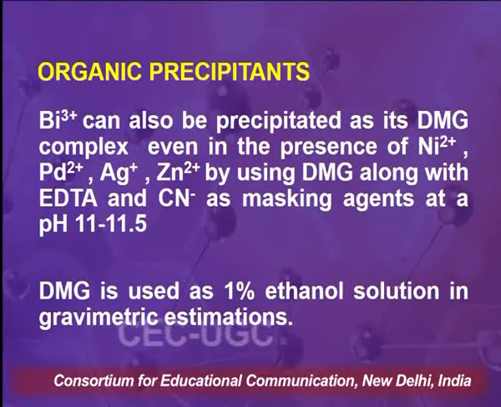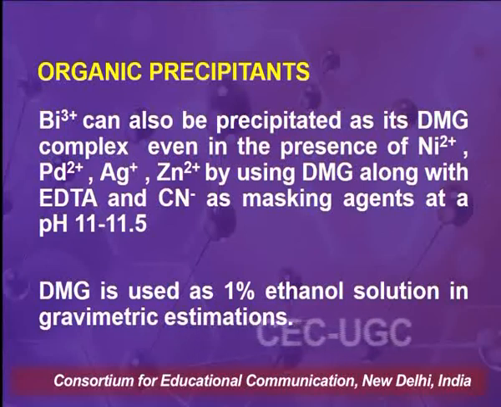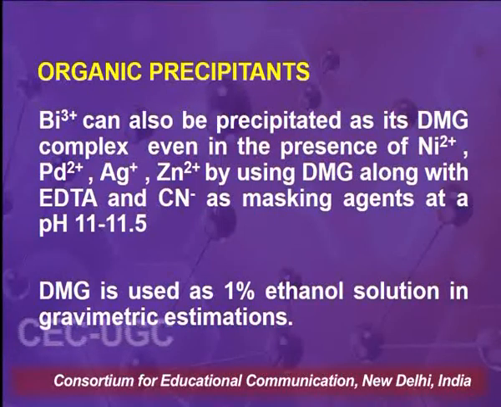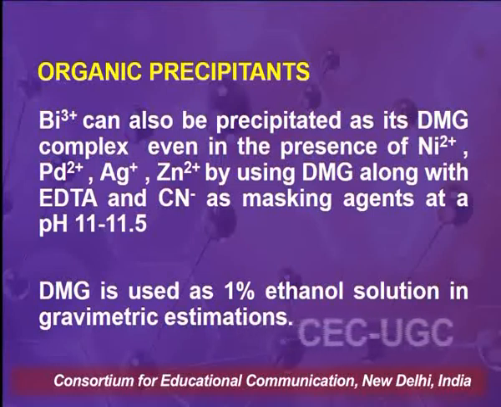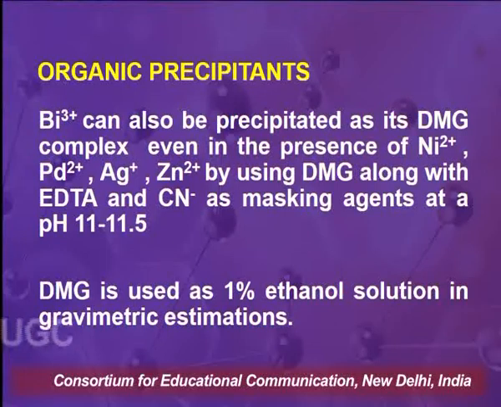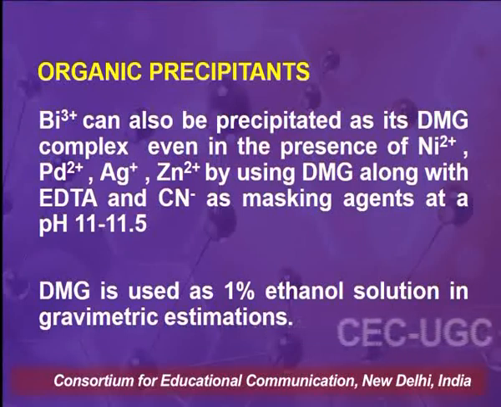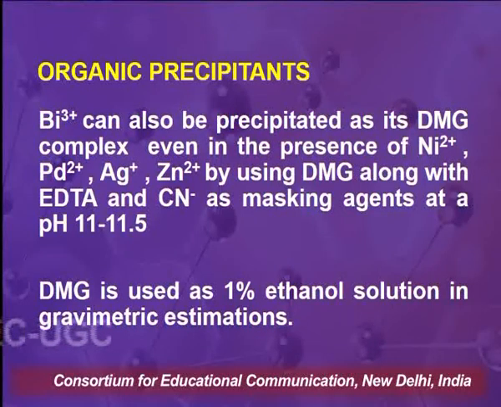So therefore, what is remaining is bismuth ion in the solution, which is not forming any kind of complex with EDTA or cyanide, and therefore it can be precipitated as a DMG complex in the presence of these particular metal ions by the masking technique. And this reaction needs to be carried out at a high pH, that is in the alkaline medium having a pH of 11 to 11.5, highly alkaline medium.